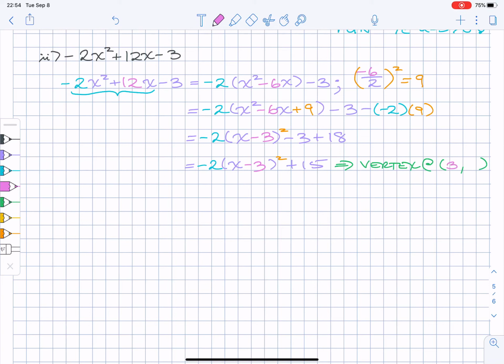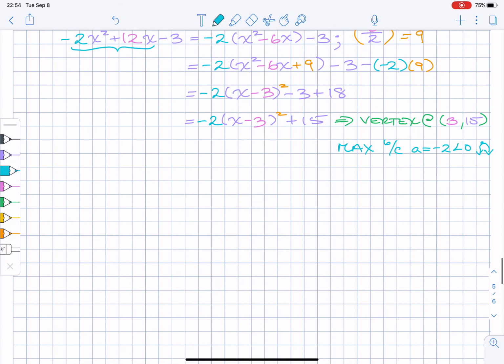Counterintuitive for horizontal and intuitive for vertical. And I know that this is a max because a is negative 2, which is less than 0. So that's an upside down parabola. So that's a max.